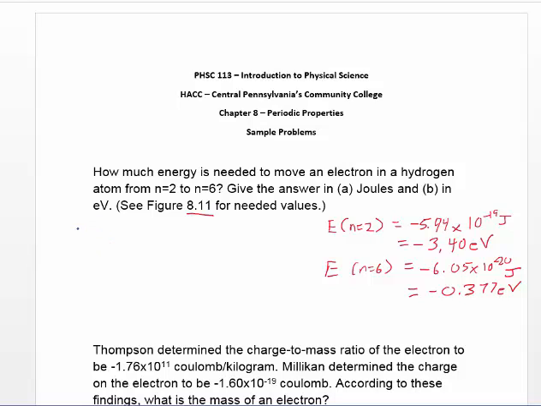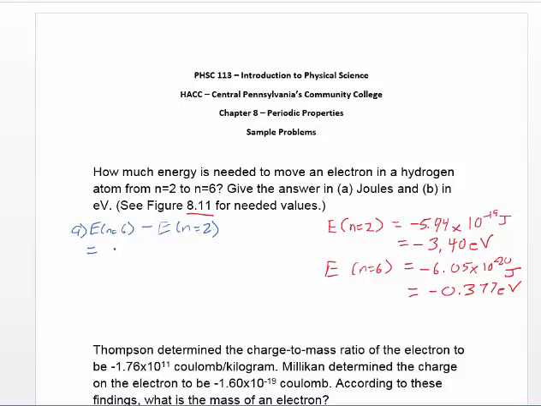Let's look at part A. We need to look at it in joules, so we need the energy from n equals 6 minus the energy from the n equals 2 state. We just subtract those two to get the energy difference.